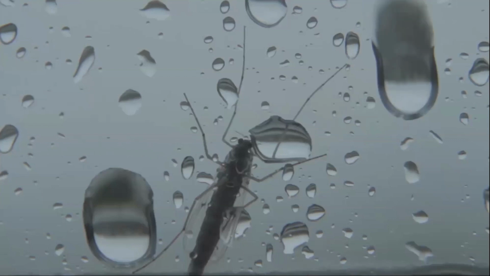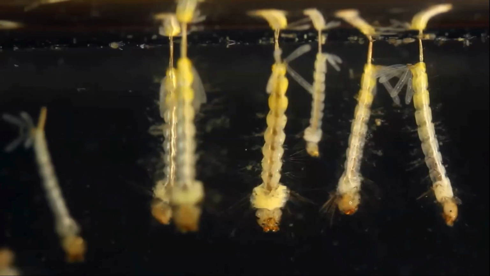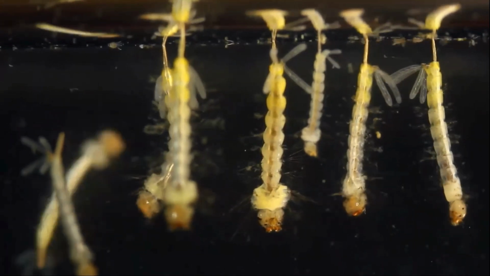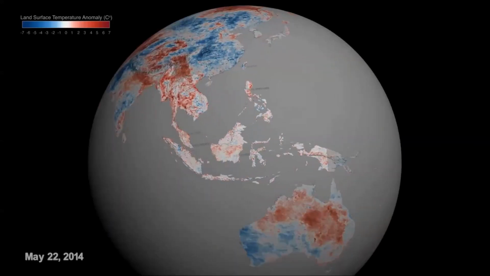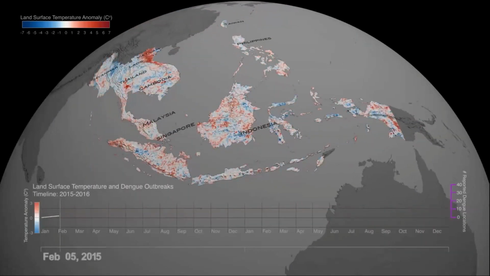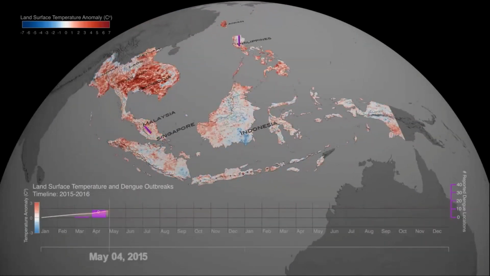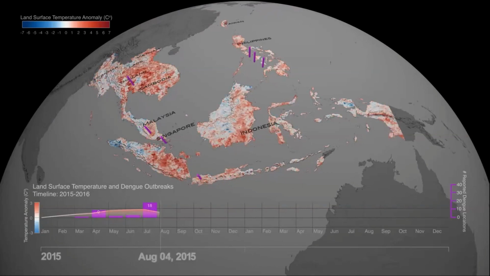That drew mosquitoes into populated urban areas containing open water they needed for laying eggs. As the air warmed, mosquitoes grew hungrier and reached sexual maturity faster, which meant more mosquito bites. The purple columns represent reported incidents of dengue fever.